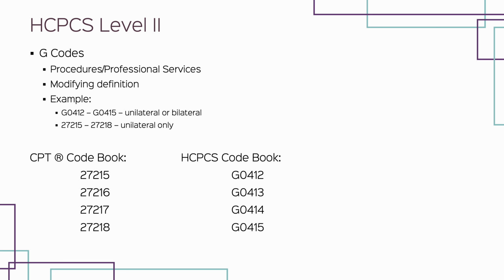So this example shows how important it is to be aware of your definition differences between CPT and HCPCS, especially when you're billing for Medicare. It is a good idea to keep notes in your books when you come across these variations so that you can accurately cross-reference codes between your two systems.